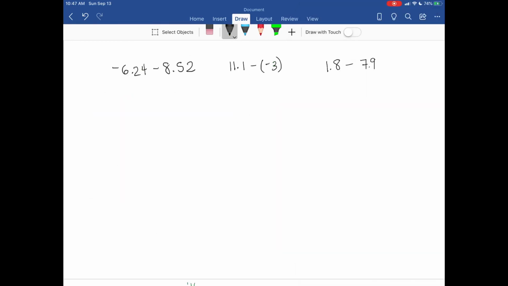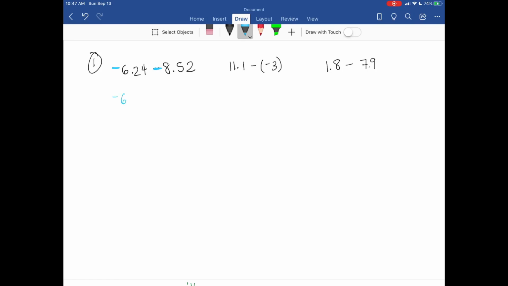Here are the last three, and we can do these quickly. These are just some decimal examples. And from this, just starting with the first one, we notice that the signs are the same for both of those numbers. That 6.24 is negative. That 8.52 is negative.